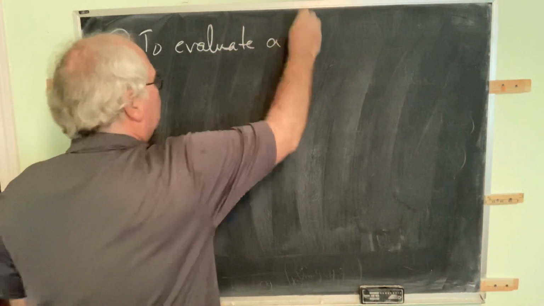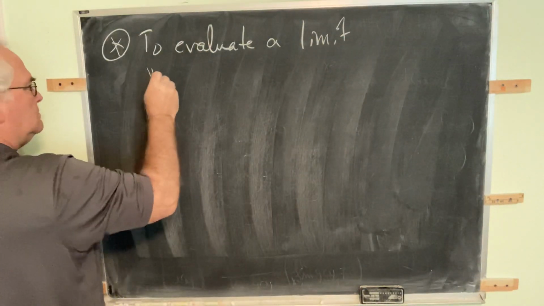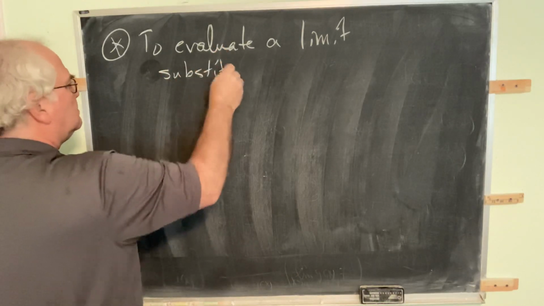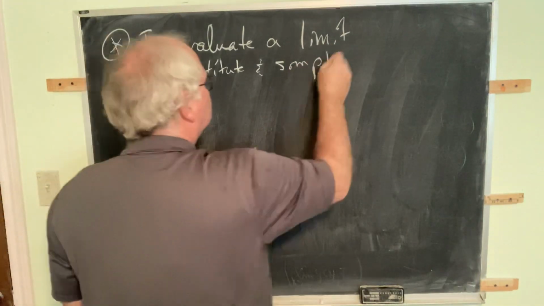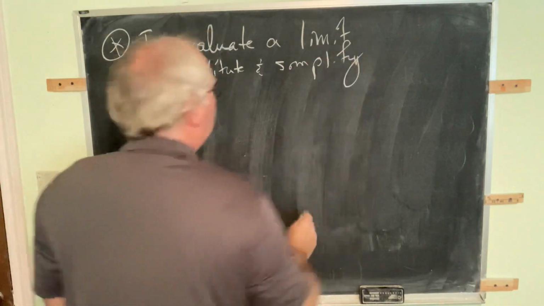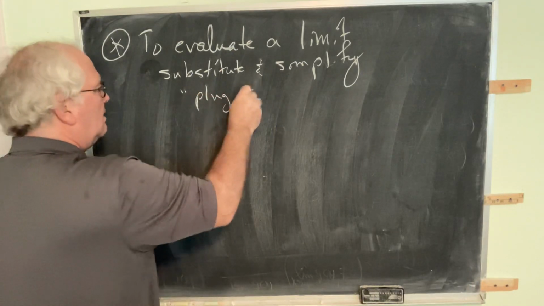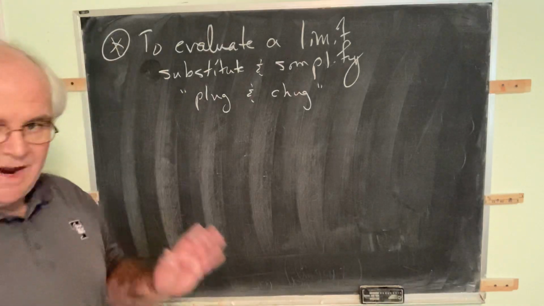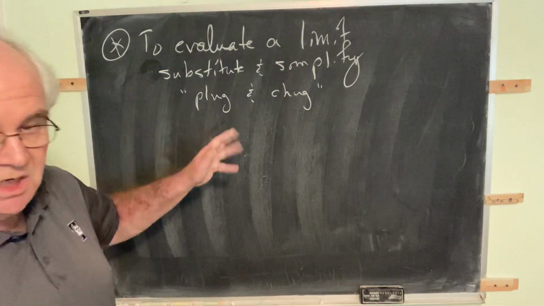To evaluate a limit, substitute and simplify. Now, in grad school, we called this plug and chug, but that's grad school. You might not want to do that.